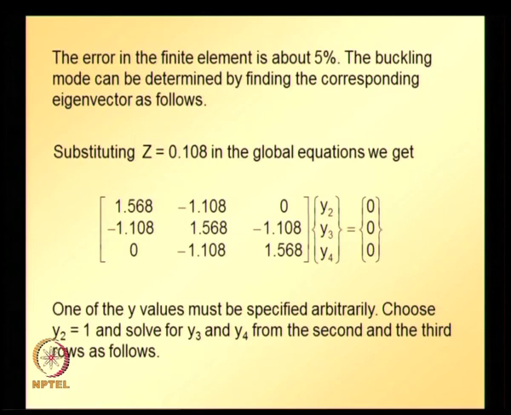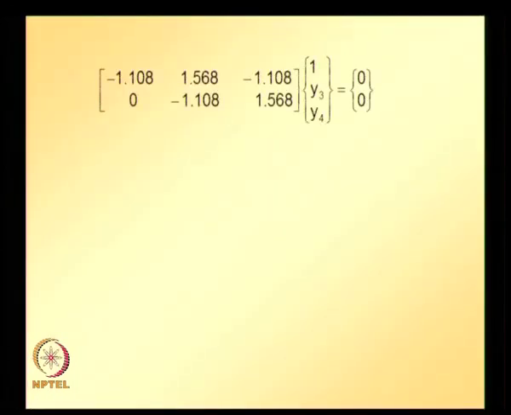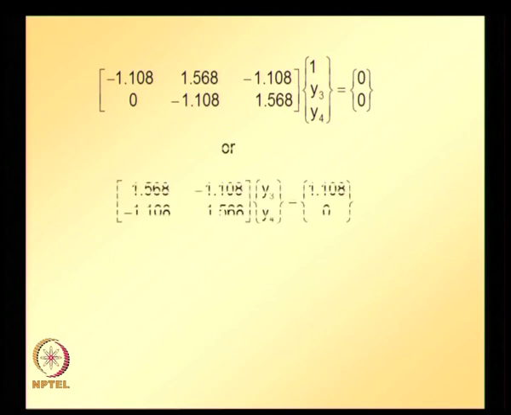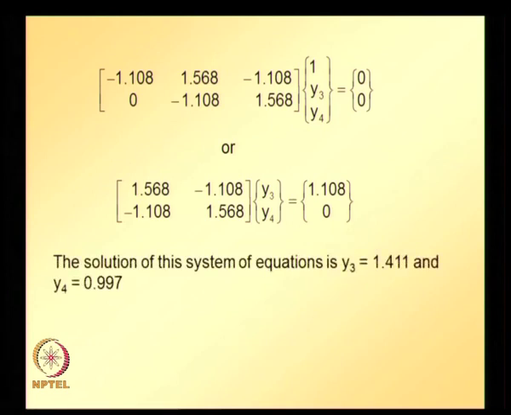So we choose y2 equal to 1 and solve for y3 and y4 from the second and third rows, removing the first equation. The solution of this system of equations is y3 equal to this and y4 equal to this.